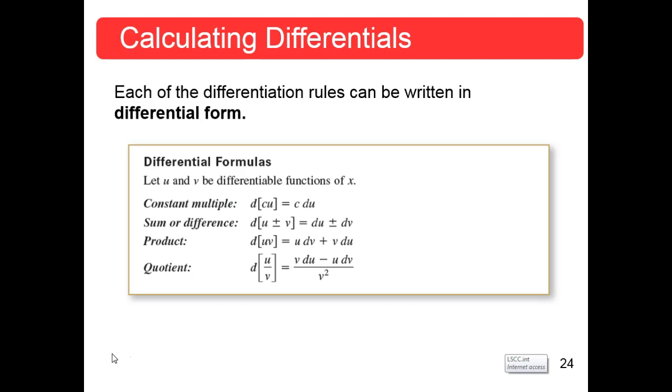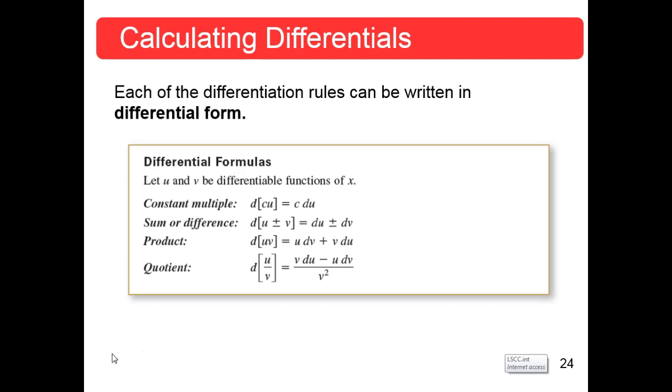Your quotient rule in differentials: d of u divided by v is low d high, v du minus u dv, over low low, v squared. In fact, that's where the d comes from, differential as opposed to derivative.